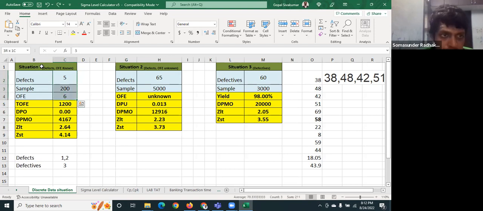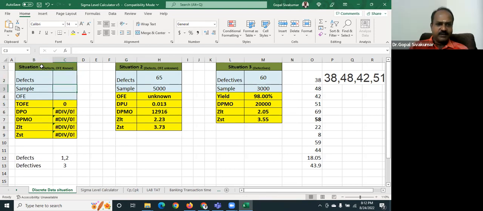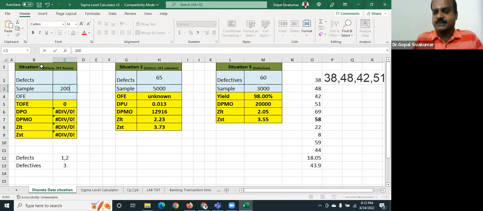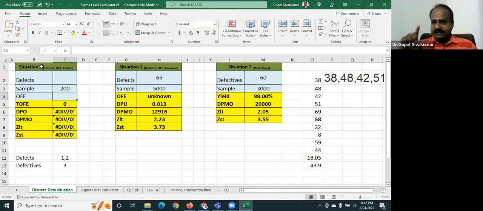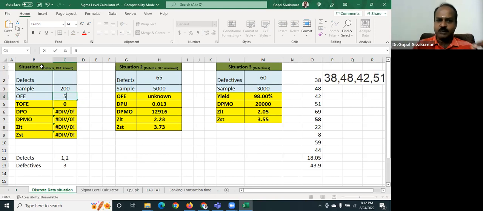Now I am inspecting 200 units, 200 samples. In every sample, there are 5 characteristics I am checking. That means opportunity for error is known.